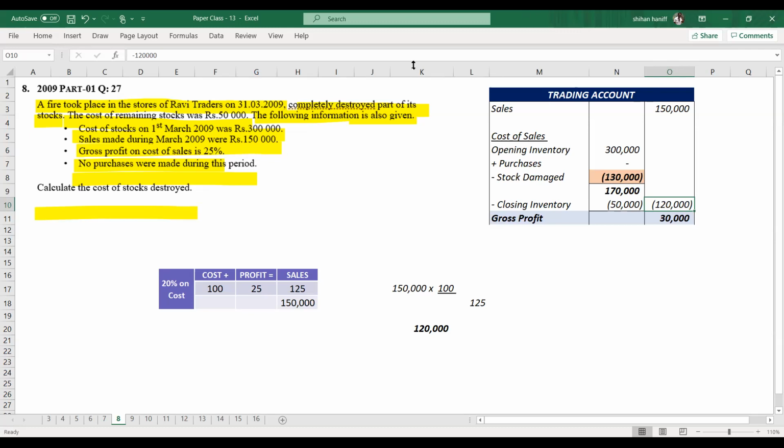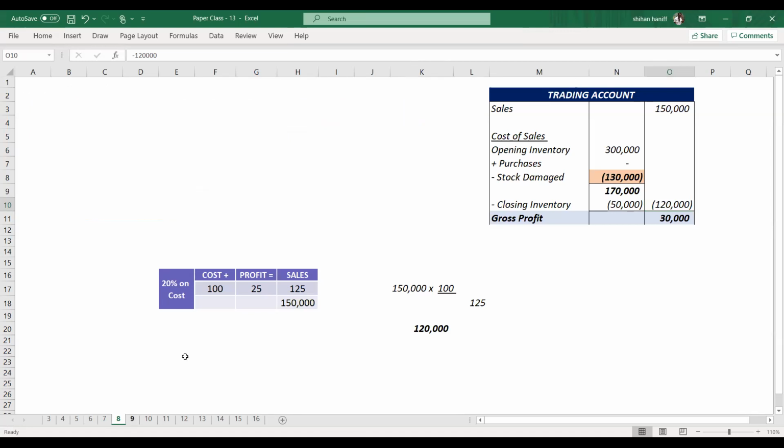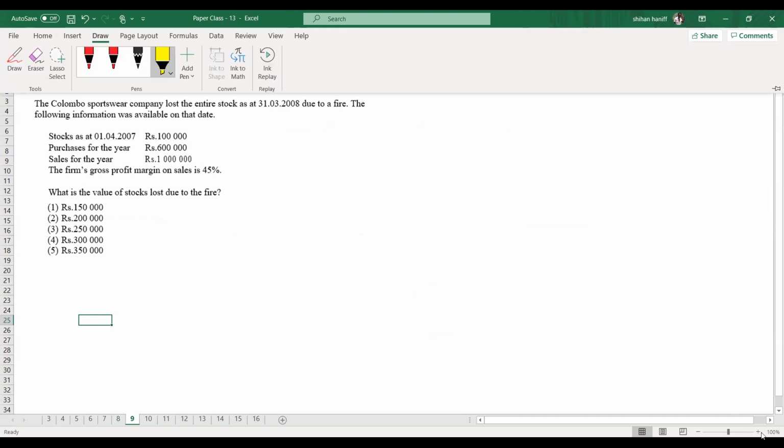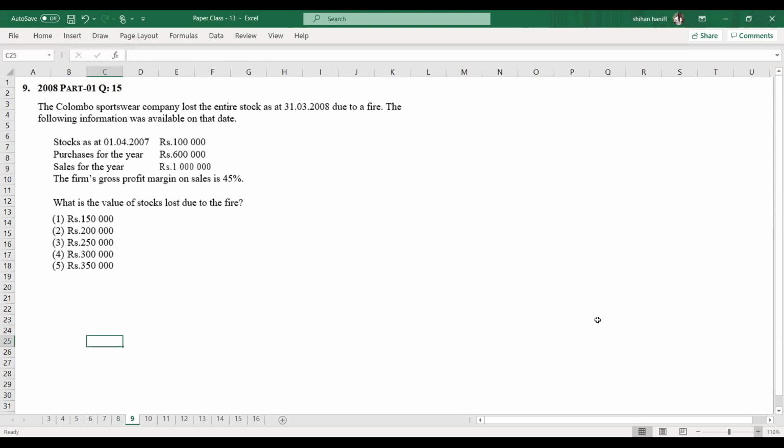Next question, question number 9. The Columbus Sportswear Company lost the entire stock as at 31st March 2008 due to a fire.